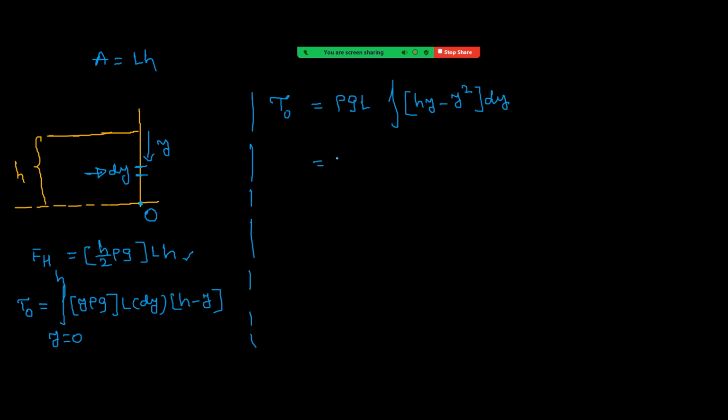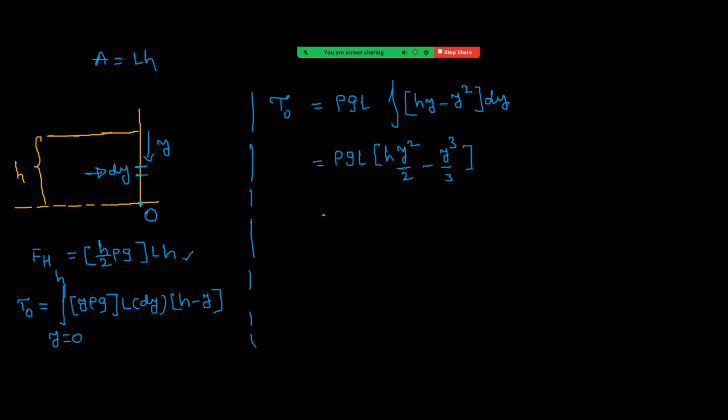That is equal to, see calculation part, rho g L, remaining is h into y dy, h into y square by 2, minus y square dy, it is y cube by 3.